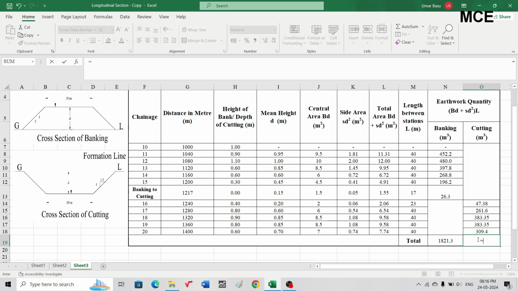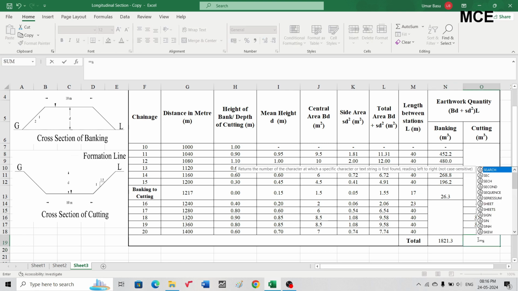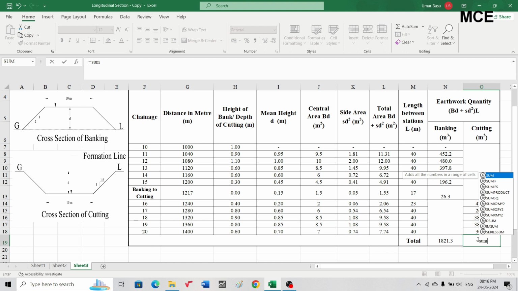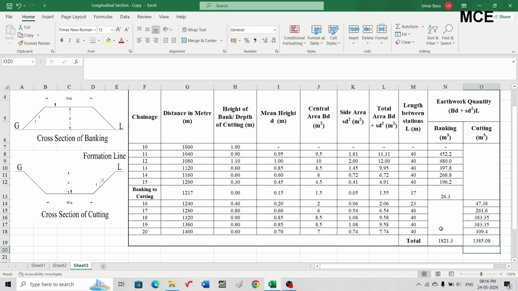Similarly, to find the quantity of earthwork in cutting, write equal sign, then SUM, then bracket, select from 47.38 till 309.4, close the bracket and press enter. Now you know the quantity of earthwork in banking as well as in cutting.